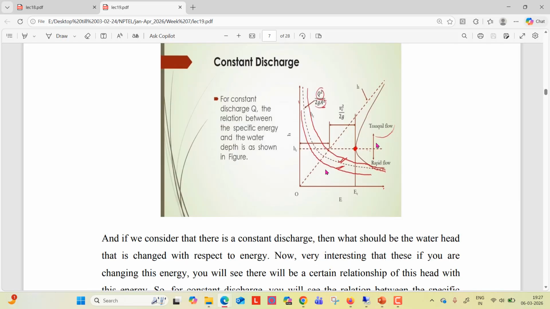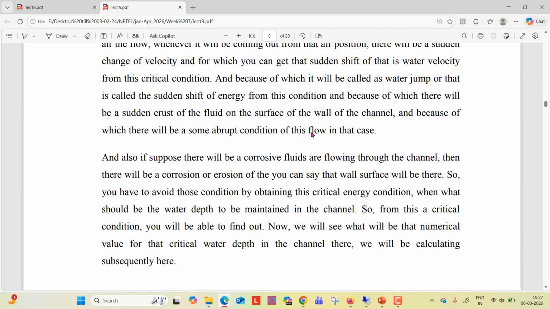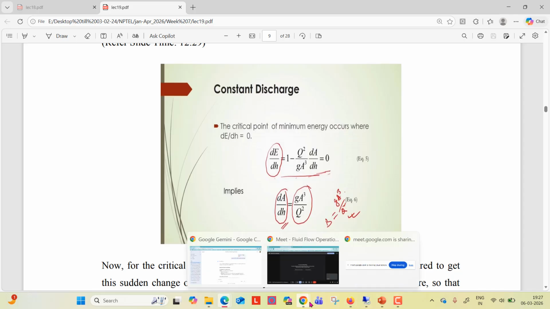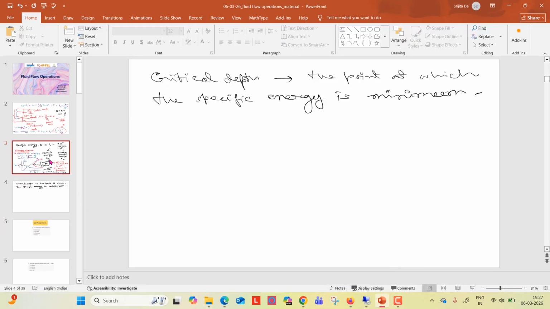So we have understood this curve, right? Next, what is happening? So what it is said is that at the minimum point, at the Ec, at the Hc, the E is minimum, right? We have just seen.